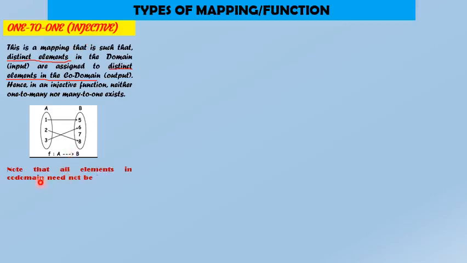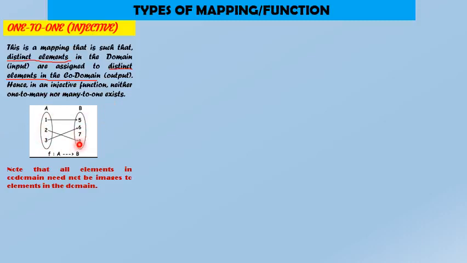So with this, there is one thing to note in this example that I've given. Note that all elements in codomain need not be images of elements in the domain. So what that simply means is that it is sufficient once you have a mapping where there is only one output to one input, that is, the input and output are one-on-one, no sharing. Even if there are extra elements in the codomain that are not assigned to any element in the domain, that does not stop it from being a what?